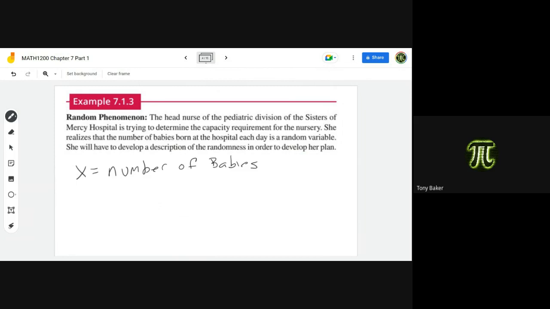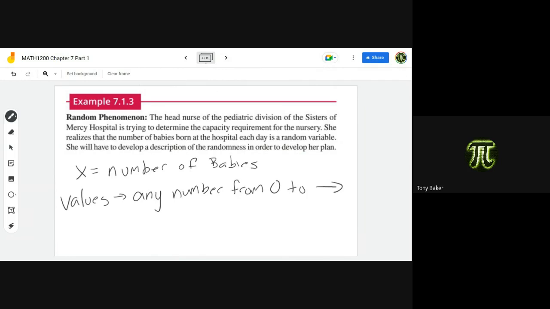I'm not going to list all the values, but it could be any number from 0 to anything. So for a continuous random variable, it would have to be some kind of decimal, or at least be able to be a possible answer.